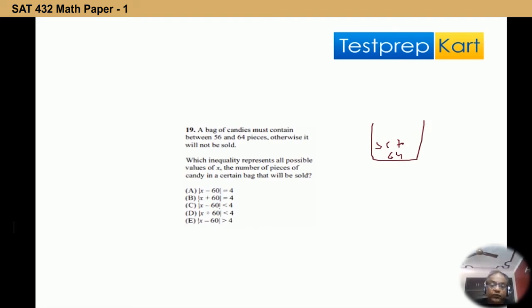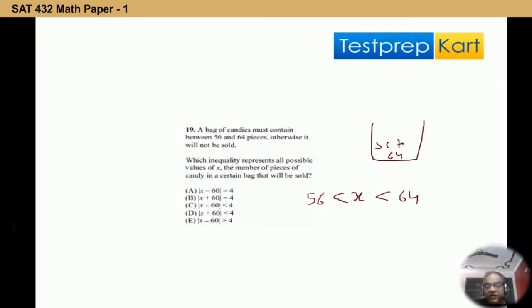What we want is, if you have x number of candies in the bag, what condition should be satisfied? That is, x should be greater than 56 and less than 64.